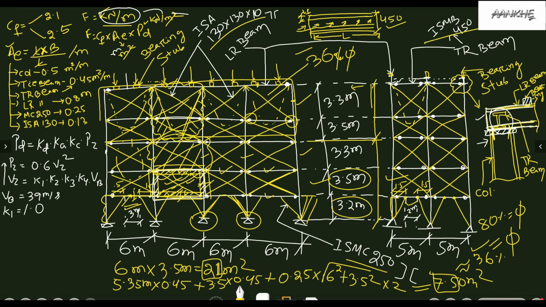Okay. Now there are different heights. It is 3.2 meter, 3.5 meter and 3.3 meter. So it comes exactly 10 meter. Okay. Next we add 3.5 and 3.3, that means 6.8. So it is 16.8.